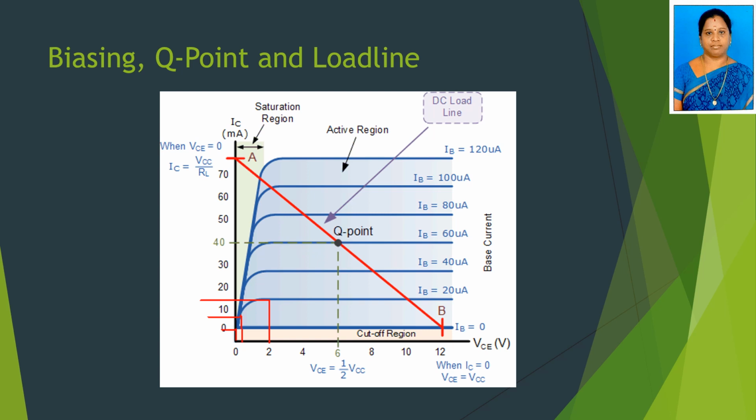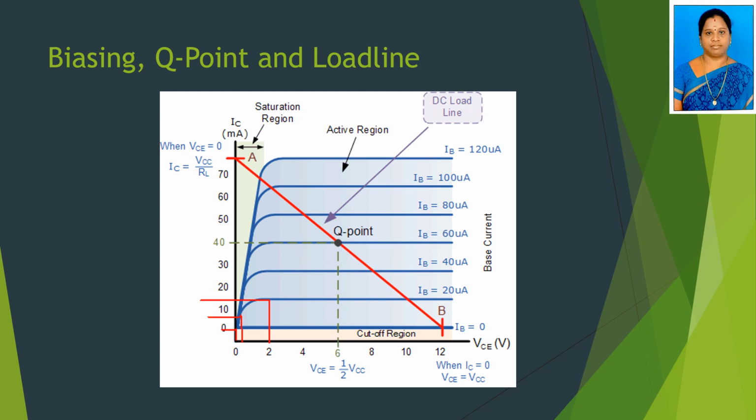So you will be getting another point which is called B. If you connect the points A and B, A is called the saturation point and B is the cutoff point. If you connect these two, you will get the load line. This load line is called the DC load line because you are giving only the DC voltage. You are not connecting an AC signal. So this is called the DC load line.